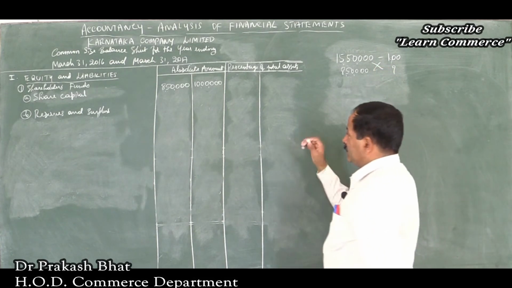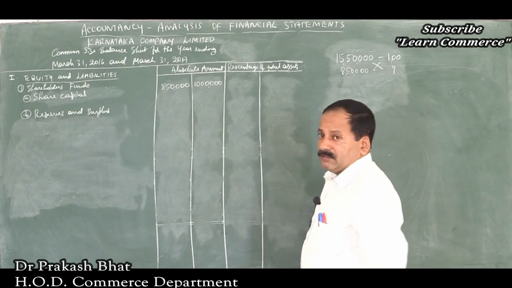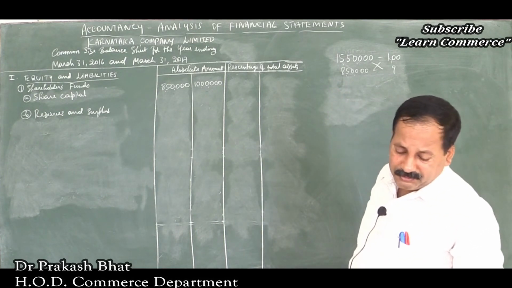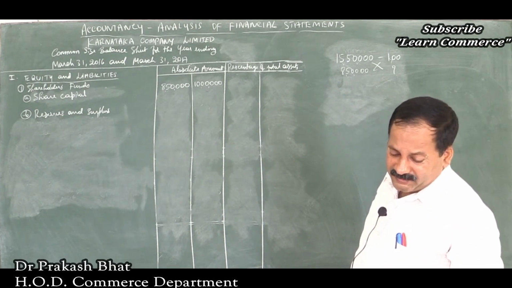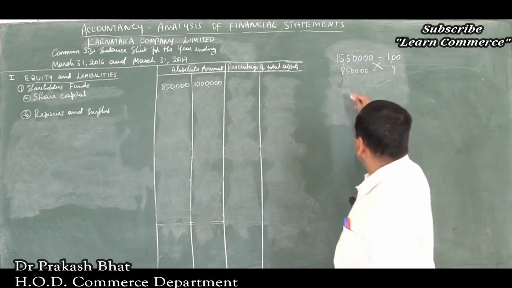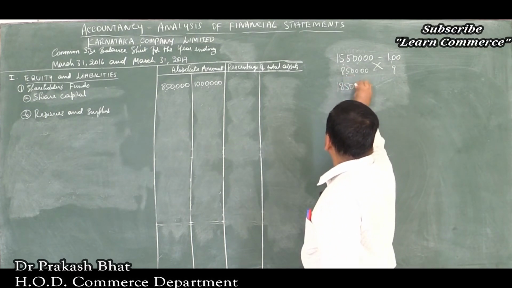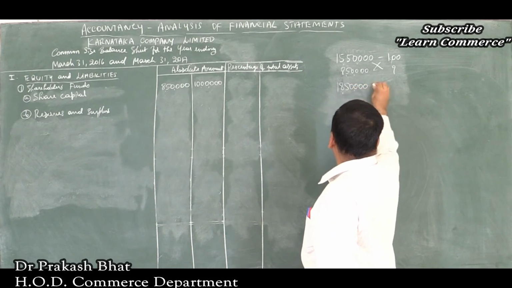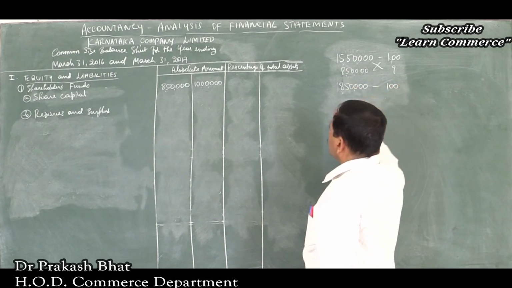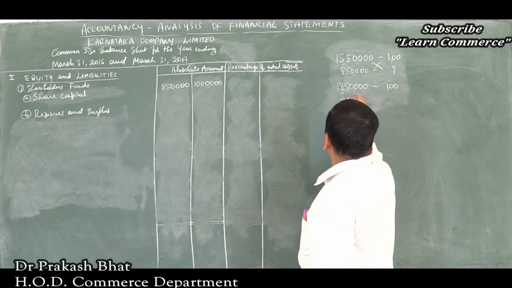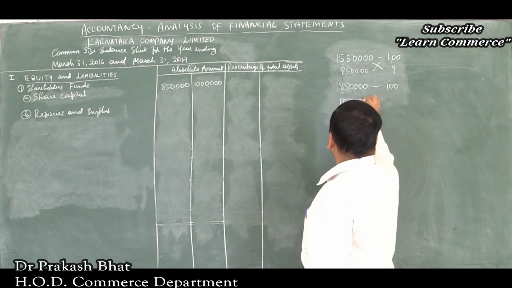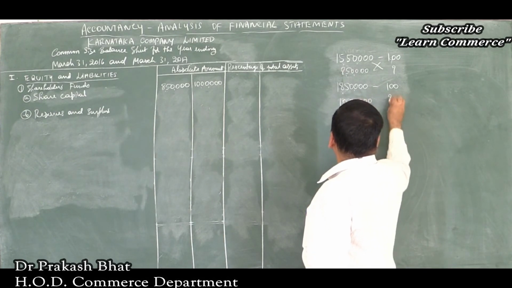Again, second one, 10 lakh amount, isn't it? So total of the current year is 18,50,000. So 18,50,000 means 100. Second year, that's the current year, 10 lakh means how much?